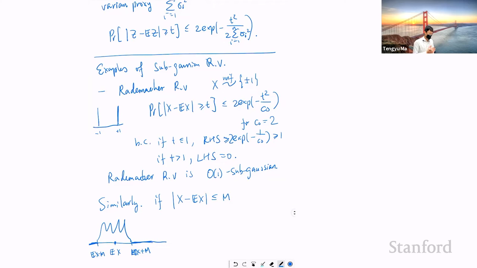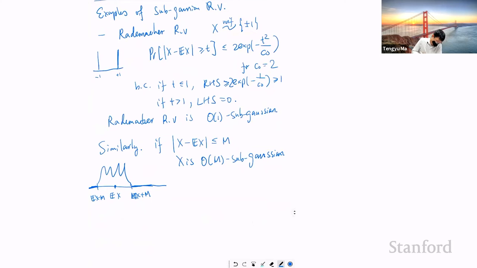Then once you go beyond the window M, the density just becomes 0. So that's why this is O of M sub-Gaussian. To formally prove it, you still need to verify the definition, of course. But it's kind of intuitive that it's sub-Gaussian just because the tail vanishes completely after you go beyond the window M.